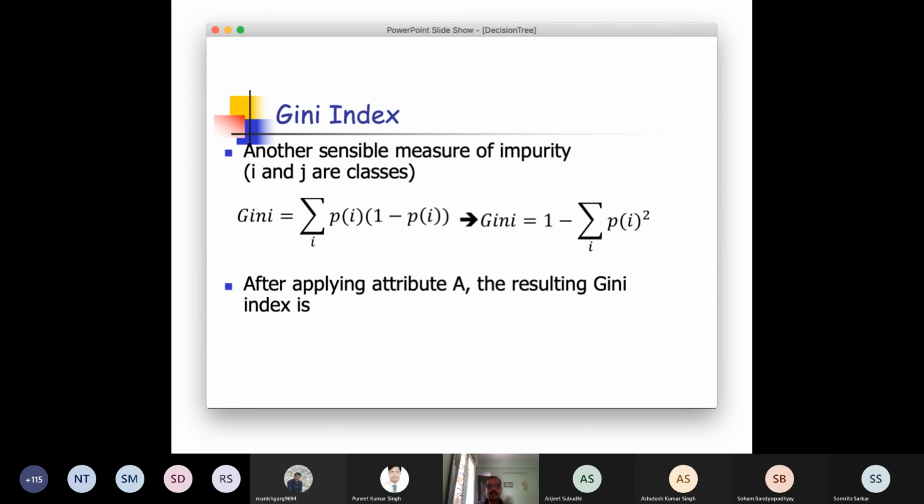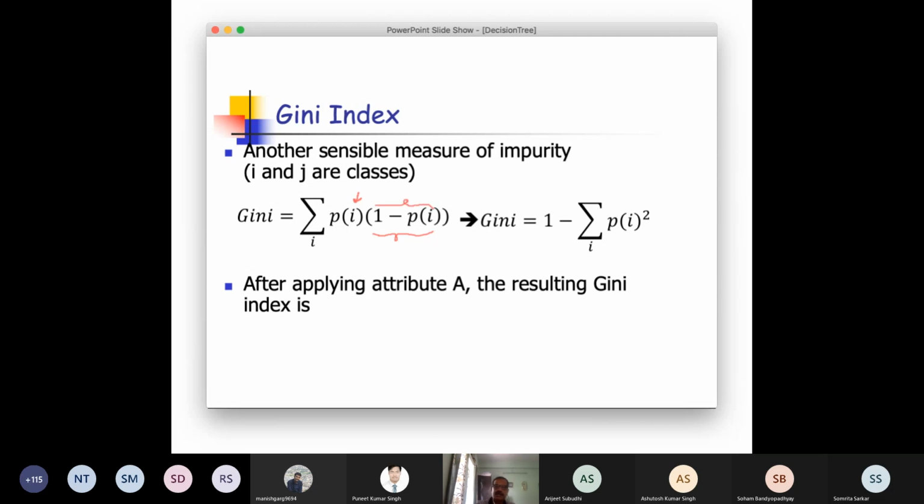As you can see, here i is the level or class. So what you are computing is the expectation of this factor. You can consider it a kind of probability of error. Suppose I select a class level, and class level i occurs with probability pi, so the error occurs with probability 1 minus pi.